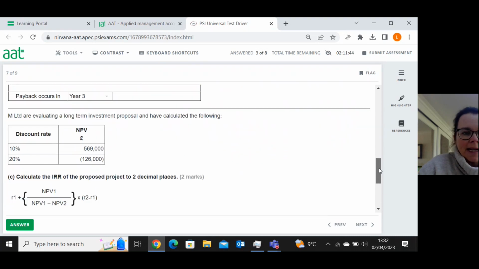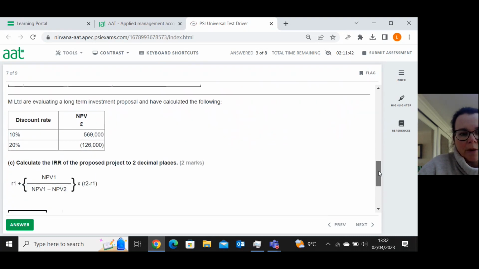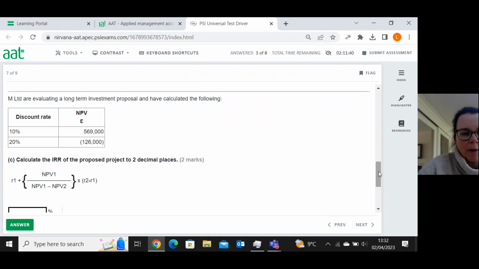M Limited are evaluating a long-term investment proposal and have calculated the following. Calculate the IRR of the proposed project to 2 decimal places. The internal rate of return is the discount rate that you need to give an NPV of exactly 0.